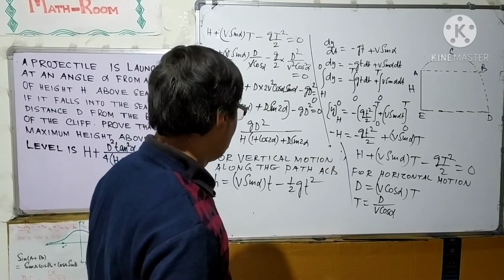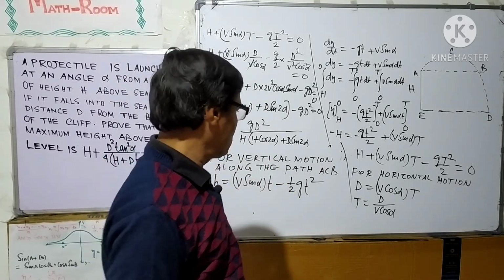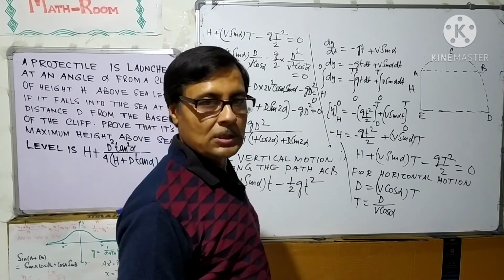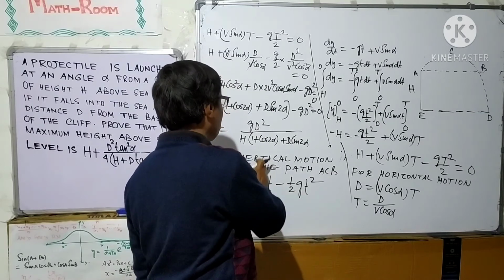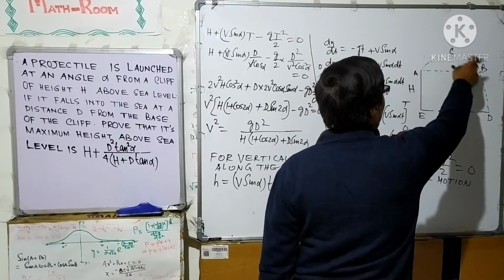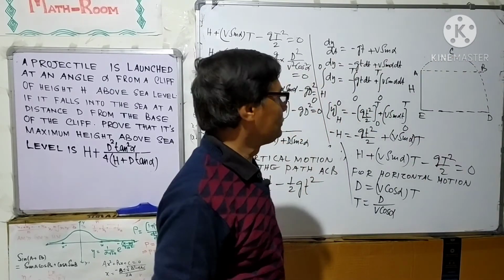This is the vertical motion along the path ACB of the projectile. We have to calculate the maximum height of the projectile from the line AB when it is moving along the path ACB.